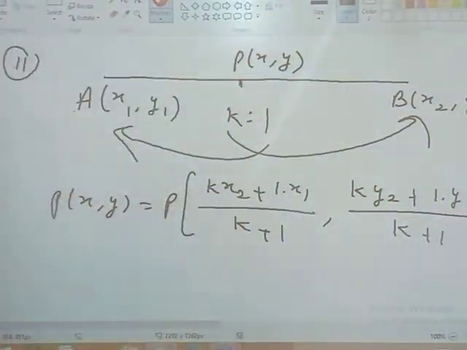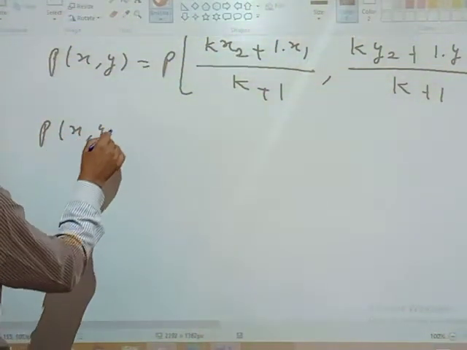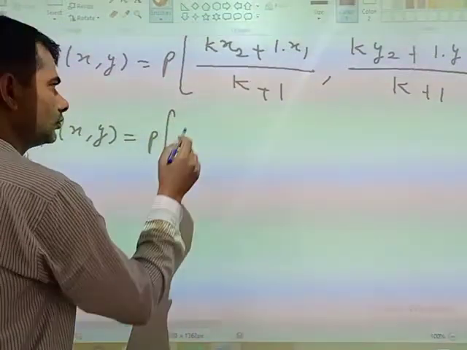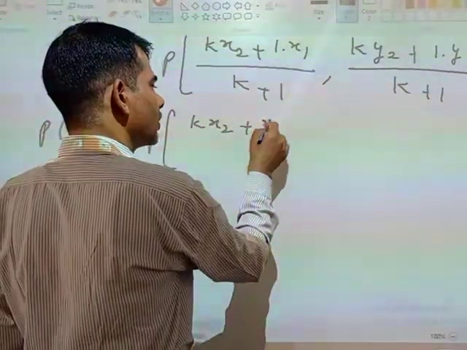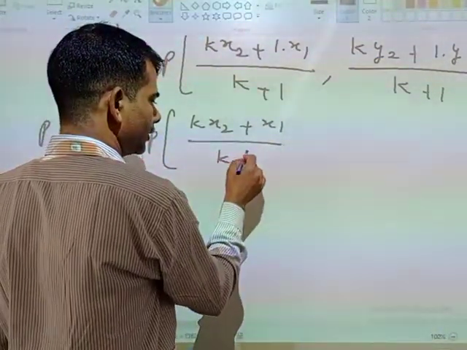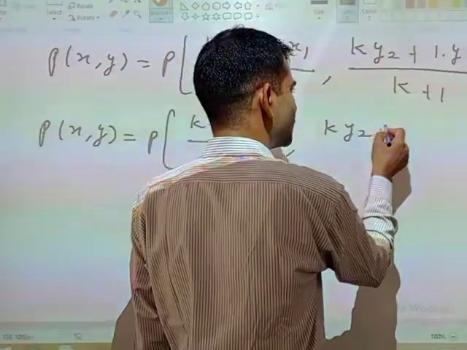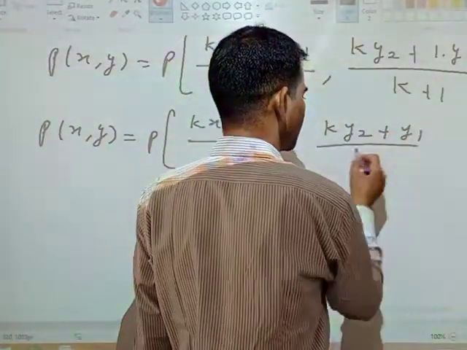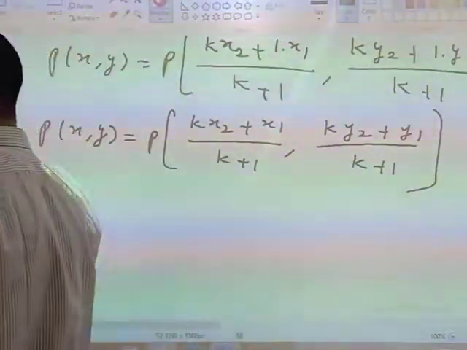Now the coordinate of point P x y is k x2 plus x1 over k plus 1, and this is your k y2 plus y1 over k plus 1. Any doubt, any problems? No, sir.